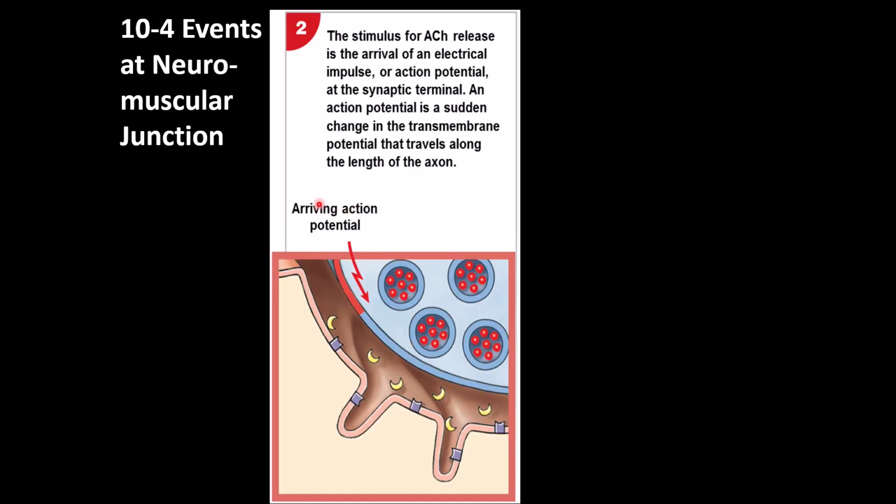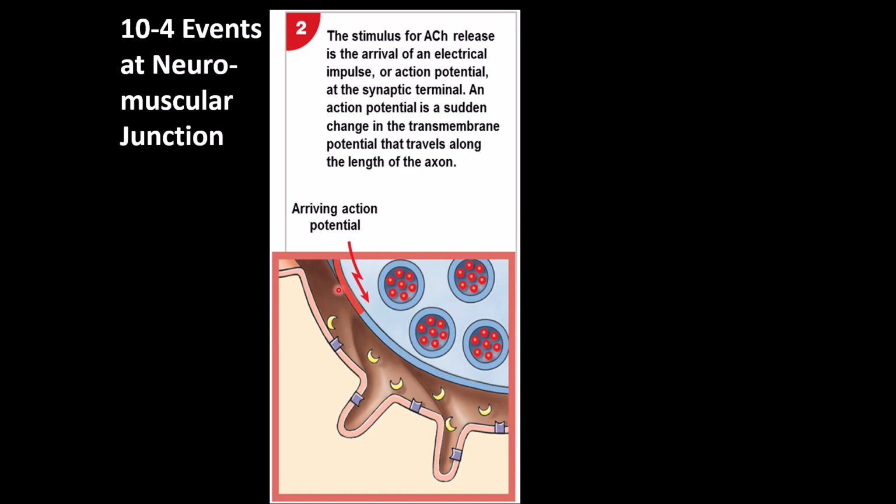So what happens here: an action potential arrives. An action potential, in case you forgot from Bio 1, is a change in the membrane potential of the neuron, and that will cause movement of sodium inside the cell. Inside the cell becomes more positive.